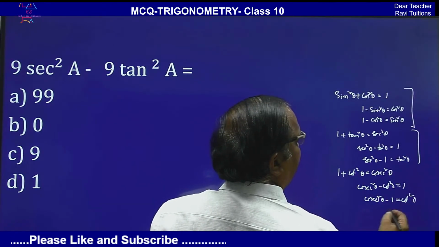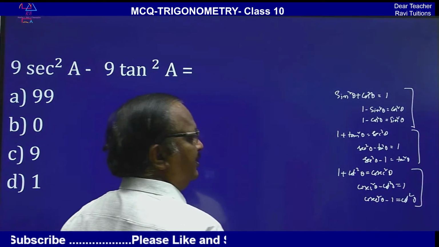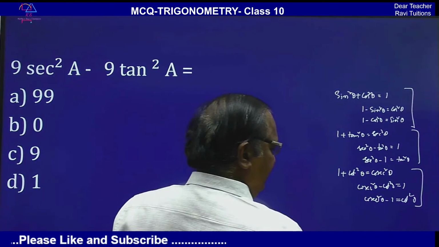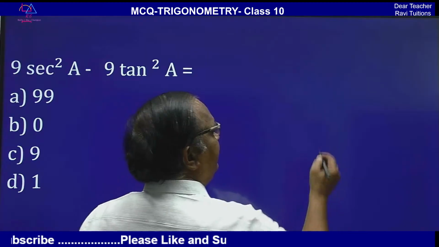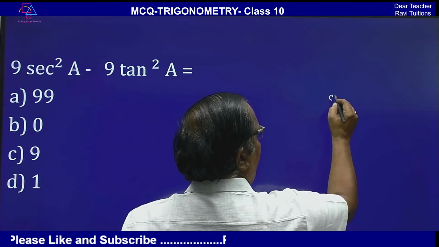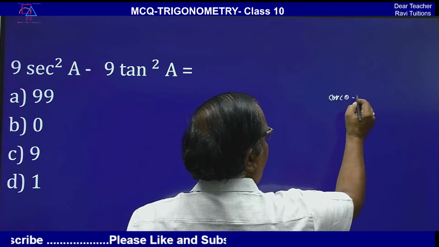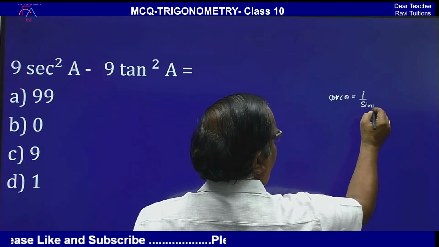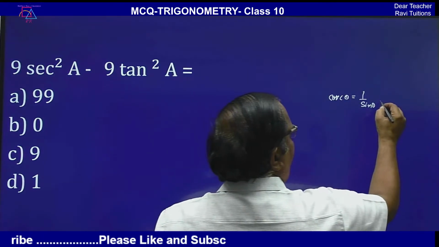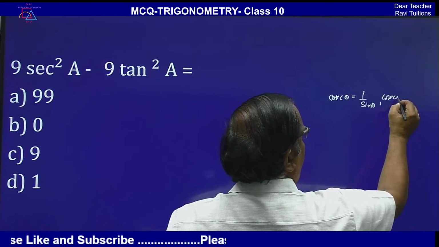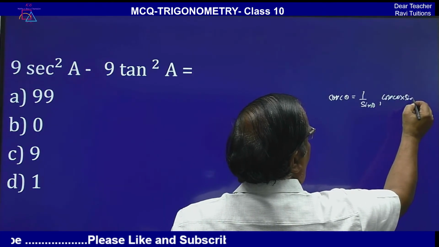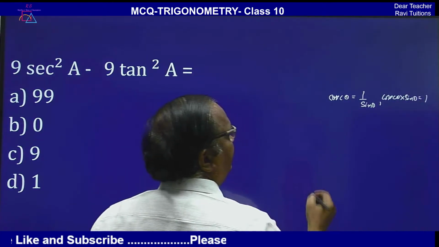All these things are trigonometric ratios. In the other thing, you should know this also. Cosecant theta is equal to 1 by sin theta, so whenever cosecant is multiplied by sine, you always get 1.